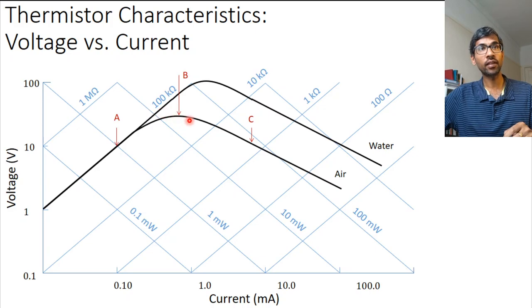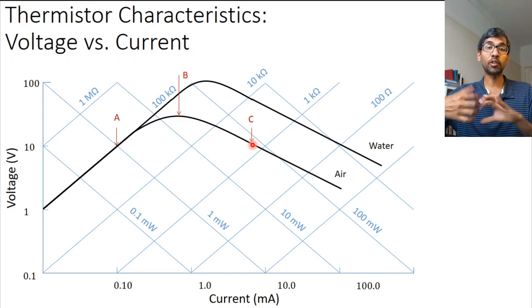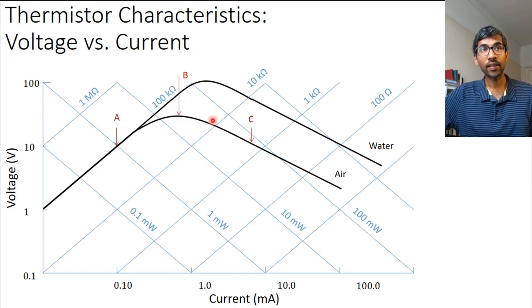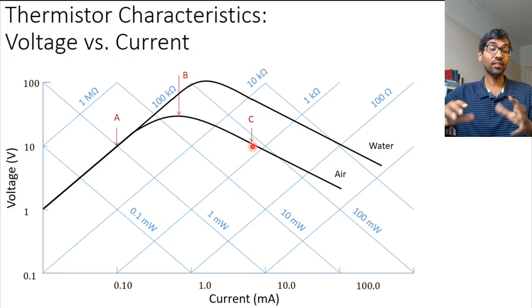As you move like this, you're having higher and higher power dissipation, and there would be a time when the thermistor will not be able to handle that power dissipation and it will just burn off. The phenomenon that's happening in this place is called the runaway phenomenon.